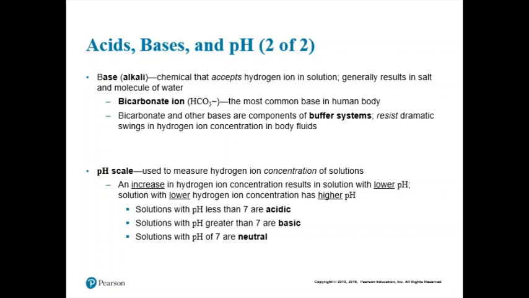And if you notice, I'm jumping all around 7. You're either above 7 for a base or below 7 for an acid. So what happens at a pH of 7? At a pH of 7, you're neutral, meaning the concentration of hydrogen ions is equal to the concentration of hydroxyl ions, meaning you have a positively charged H, aka hydrogen, plus an OH.